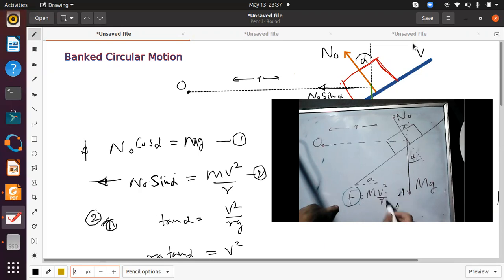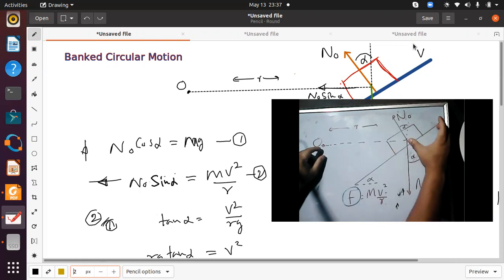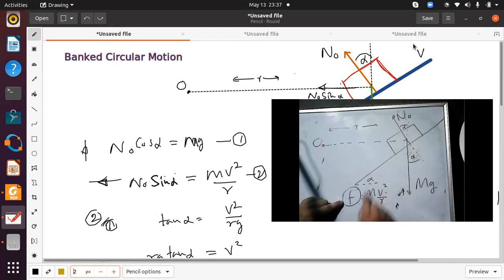If V increases, there should be a corresponding change in R. So what will happen? Then the car will skid outside or skid up this plane. It will try to skid up this plane. So by doing that, the radius will also increase, and they will maintain this formula.